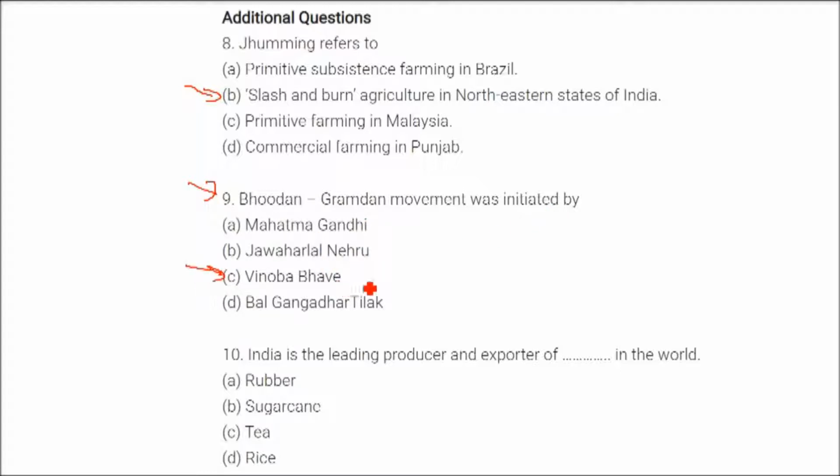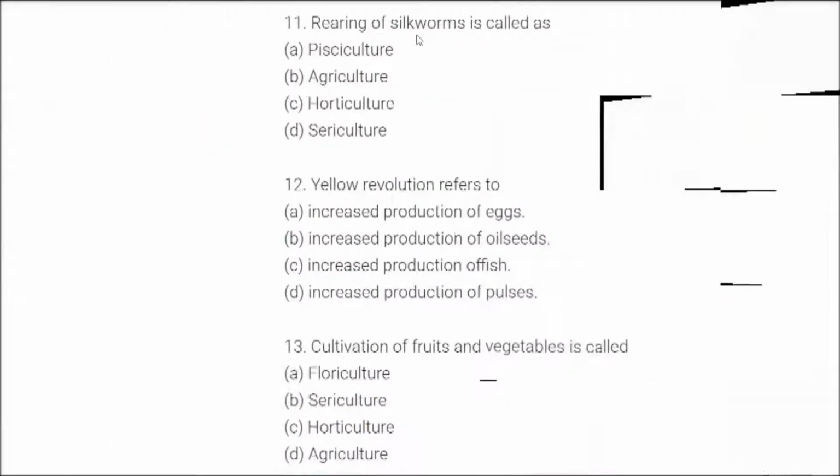He was the successor of Mahatma Gandhi's ideas. India is the leading producer and exporter of dash in the world. The answer is tea. Rearing of silkworm is called sericulture.